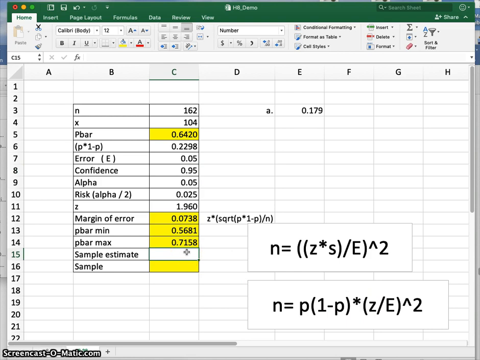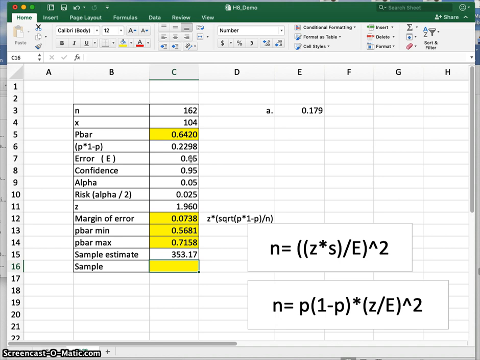So it would just equal p times 1 minus p, that's right here, times z divided by E, that whole thing squared.